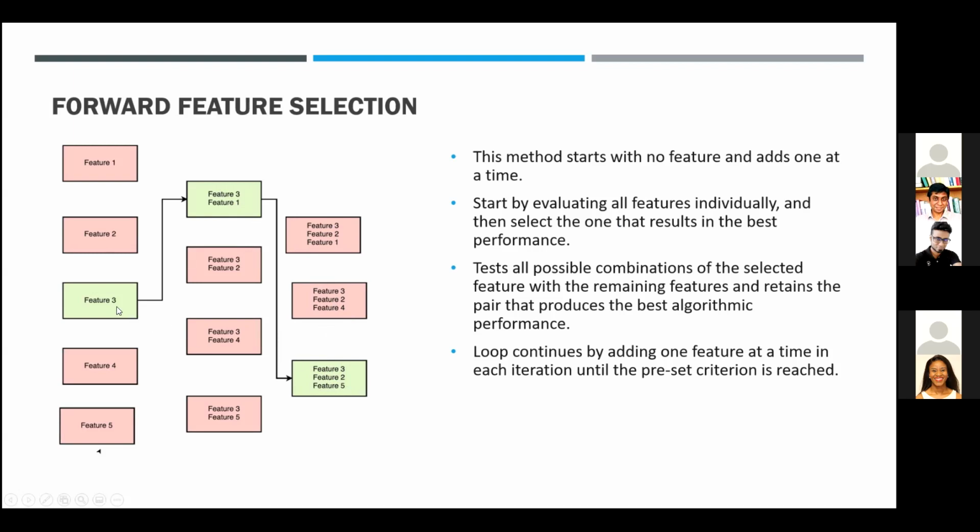But as I said, this is a greedy approach. So you have features 3 and 1. But what if the combination of feature 4 and feature 2 in the second level could have provided a much better result? Even though feature 2 alone was not a very good predictor, in the second level, if you combine feature 2 and feature 4, the combination of these 2 would be a much better predictor than this combination.